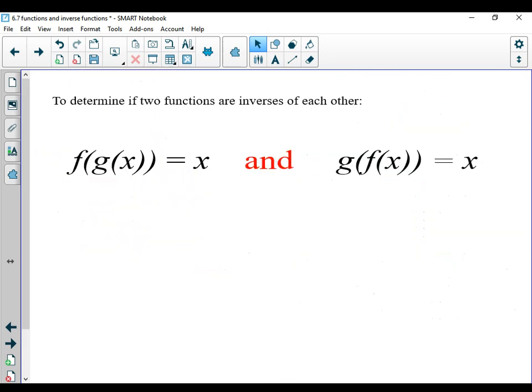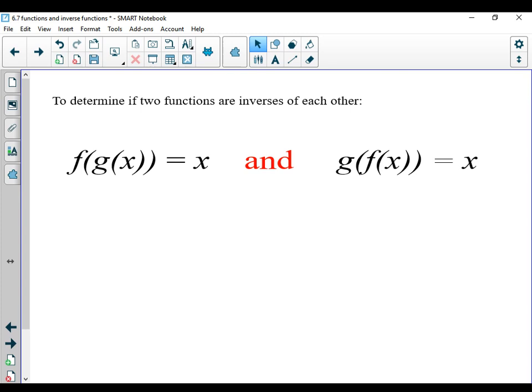So, to determine if two functions are inverses of each other, you're going to do f of g of x and g of f of x. If you get x in the end for both of them, they're inverses. Okay? So that's how you prove if two functions are inverses of each other. You'll do f of g of x and g of f of x. If you get x in the end, they're inverses.